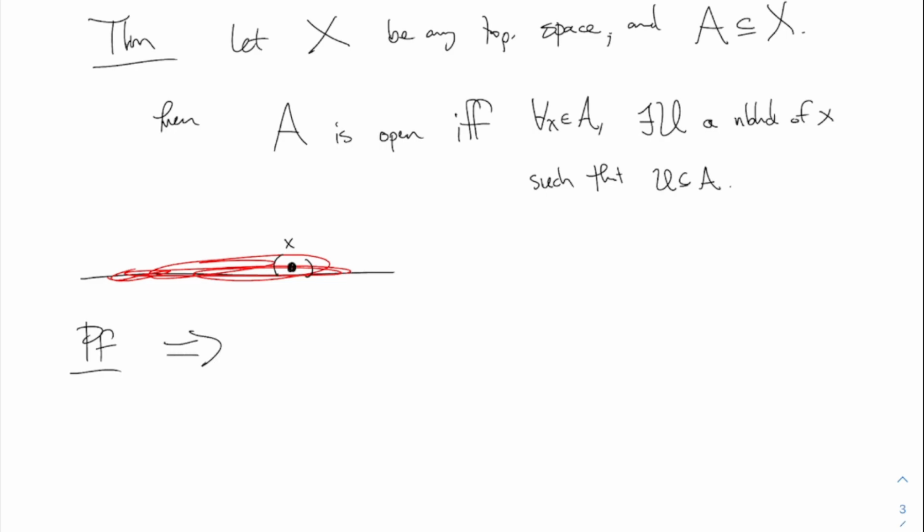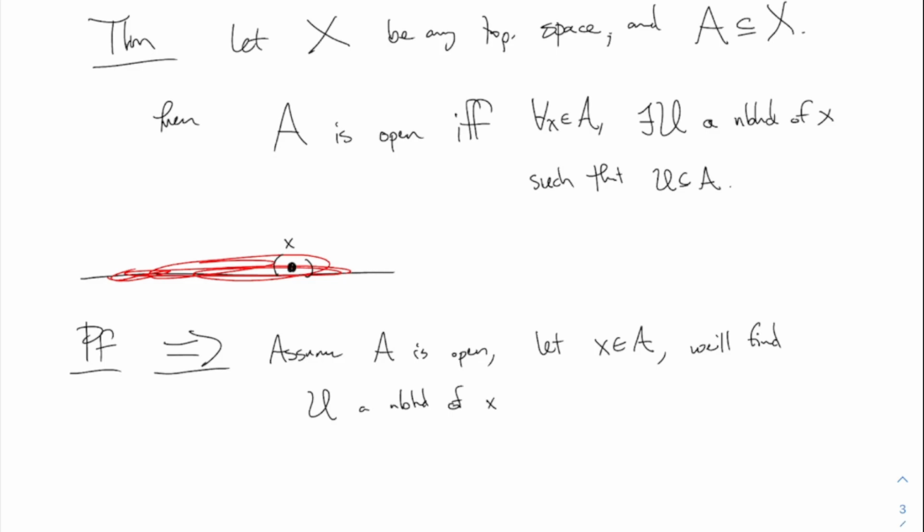In that direction, I'm going to assume A is open. And then we have to prove that other stuff. So that is to say, I let X be any point in A, and then we'll find U, a neighborhood of X, with U subset or equal to A, right?